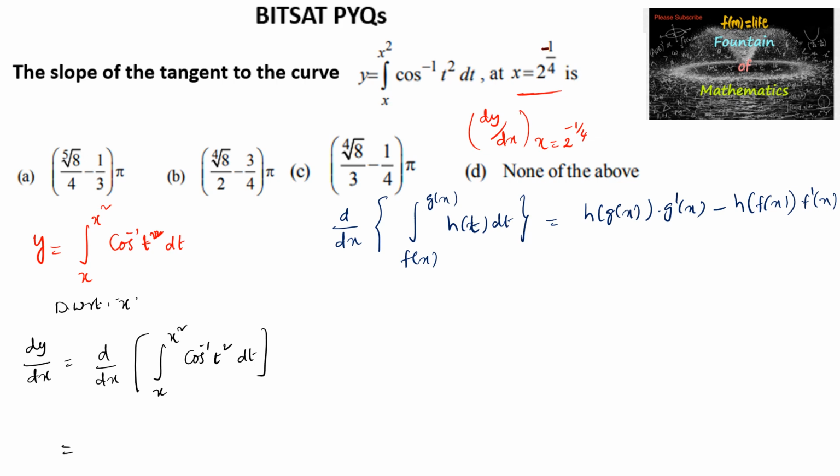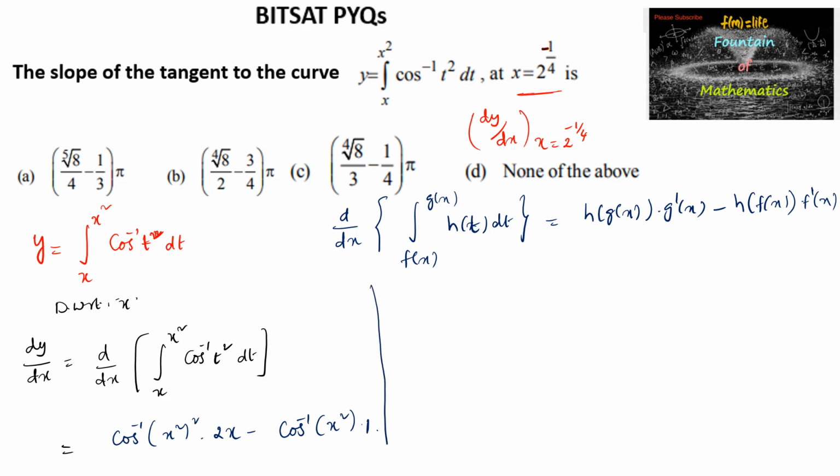We'll get cos inverse of x square whole square into the differentiation of x square, which is 2x, minus cos inverse of x square into the differentiation of x, which is 1.